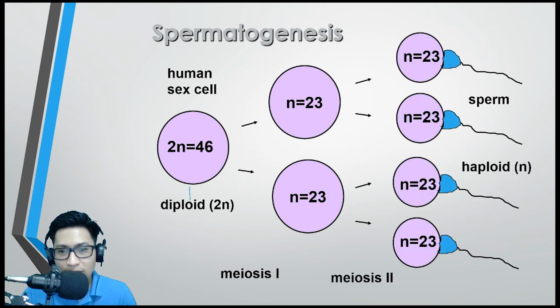Then, in meiosis 2, each cell produced in meiosis 1 will be divided into 2 containing the same number of chromosomes, which is 23. These are the numbers of chromosomes in humans. Other living organisms differ in the number of chromosomes.